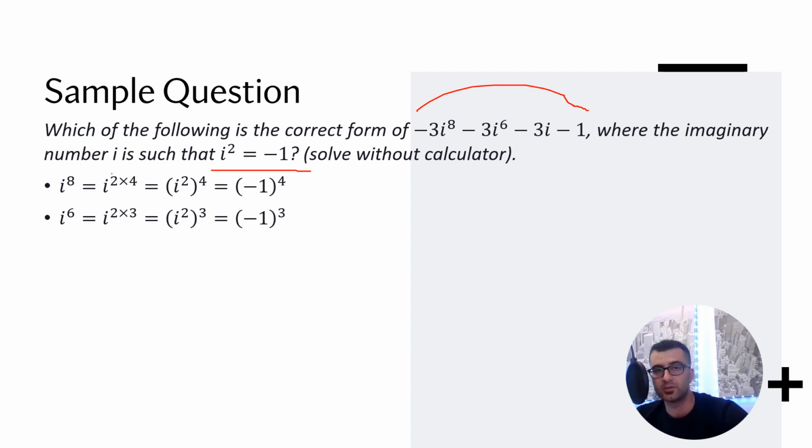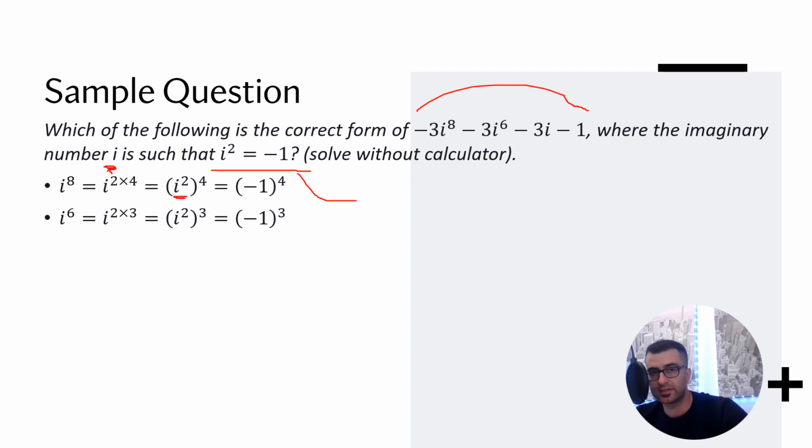We need that 2 here because it is mentioned in the question. Based on the rule we just remembered, it's going to be equal to open bracket I to the power of 2 close bracket to the power of 4, and I to the power of 2 is minus 1, so it's going to be easier to get the answer.